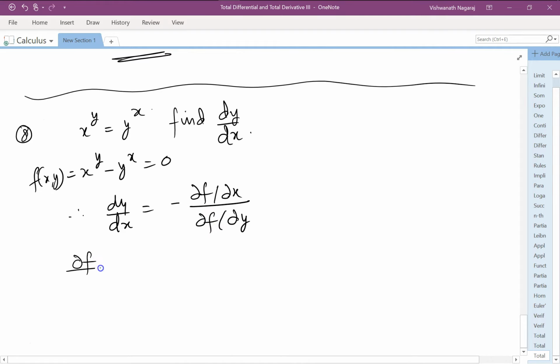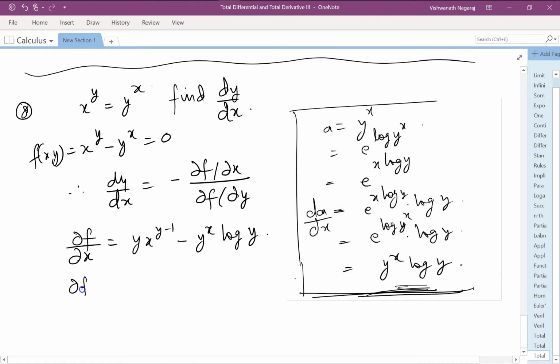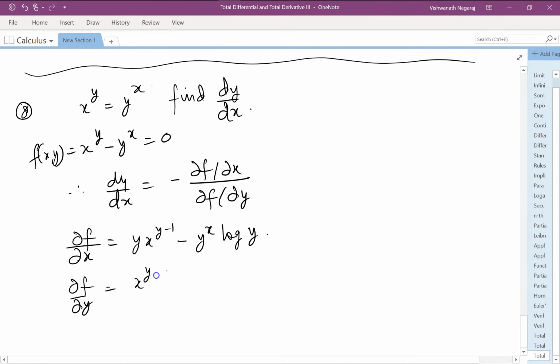∂f/∂x is equal to y x^(y-1) minus y^x log y. This is the differentiation of y to the power of x. ∂f/∂y would be what? Now this would be x^y log x minus x y^(x-1).